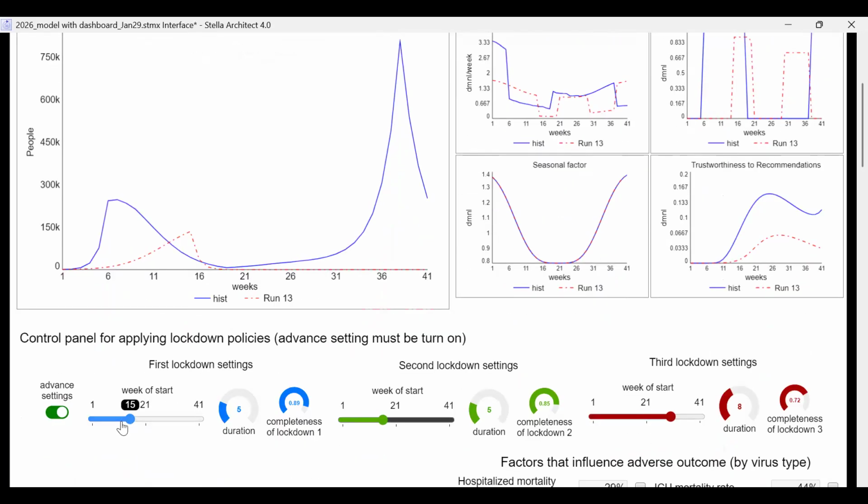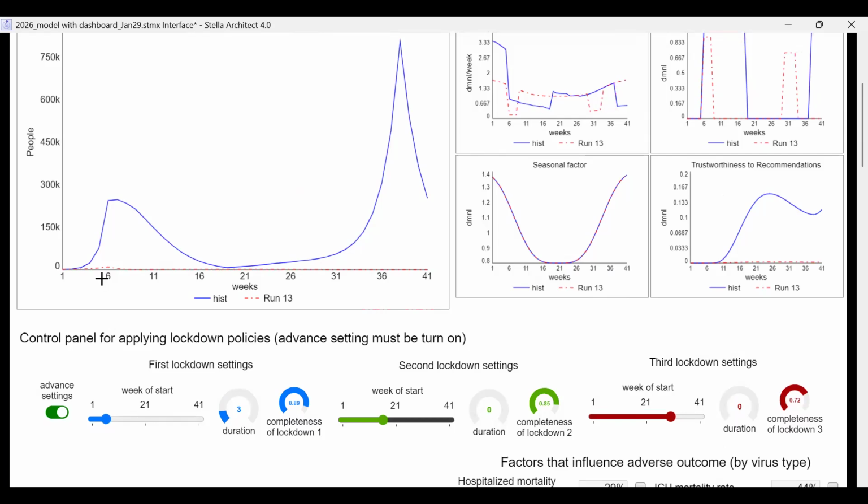So let's try to impose lockdown only when we think it can be needed. It was around 16th week, and let's make it maybe slightly earlier. Again, we're checking how graph behaves. Can do it for 3 weeks. And I just switched off the second lockdown, and I switched off the third lockdown.